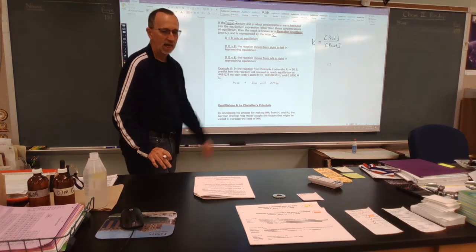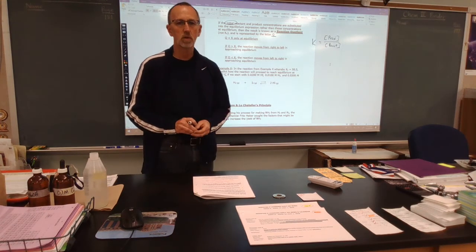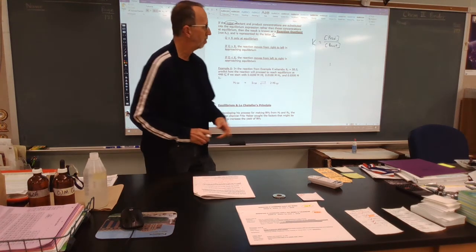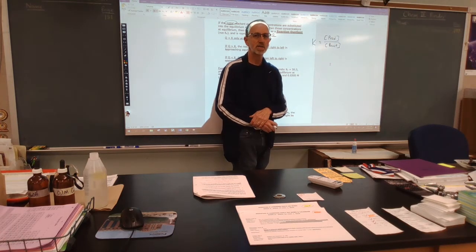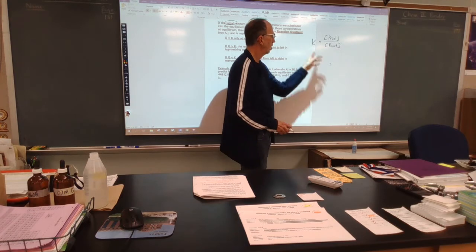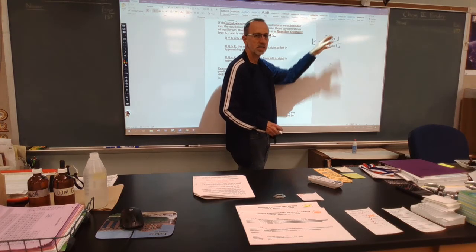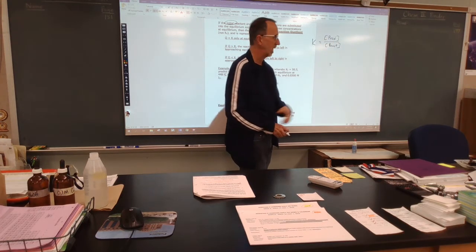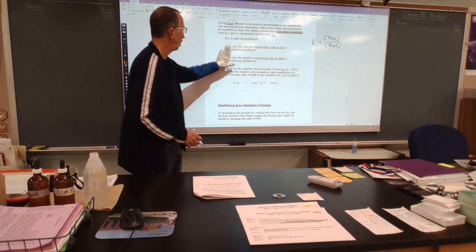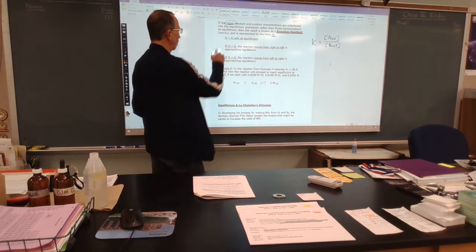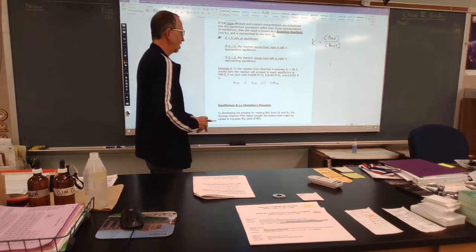Q and K have value only in equilibrium. Remember, Q and K are the same ratio of products to reactants. Q is where these concentrations are what they are, and K is what those equal at equilibrium.